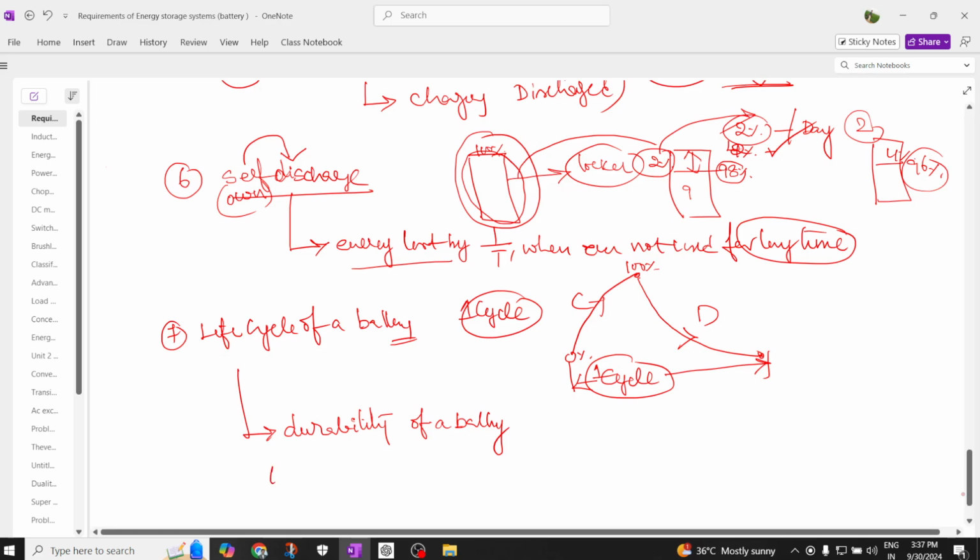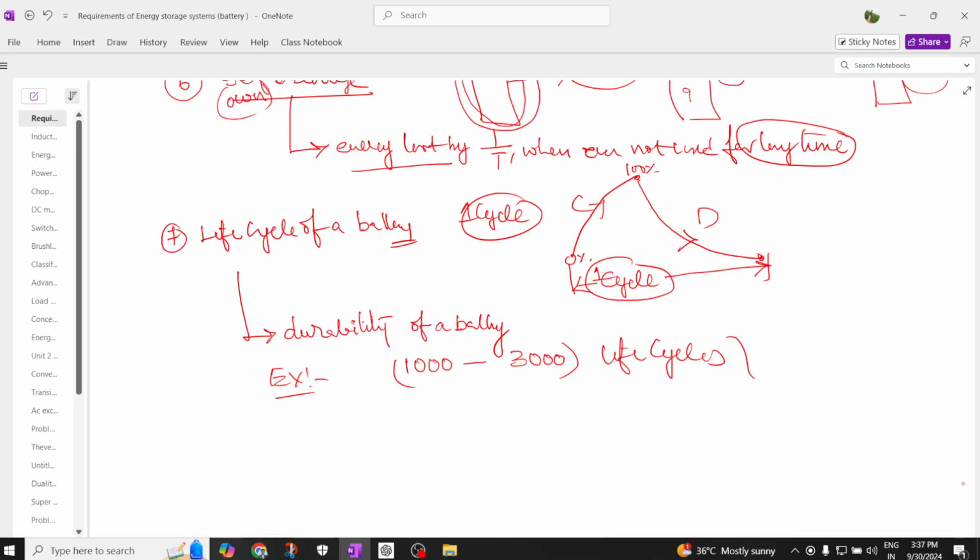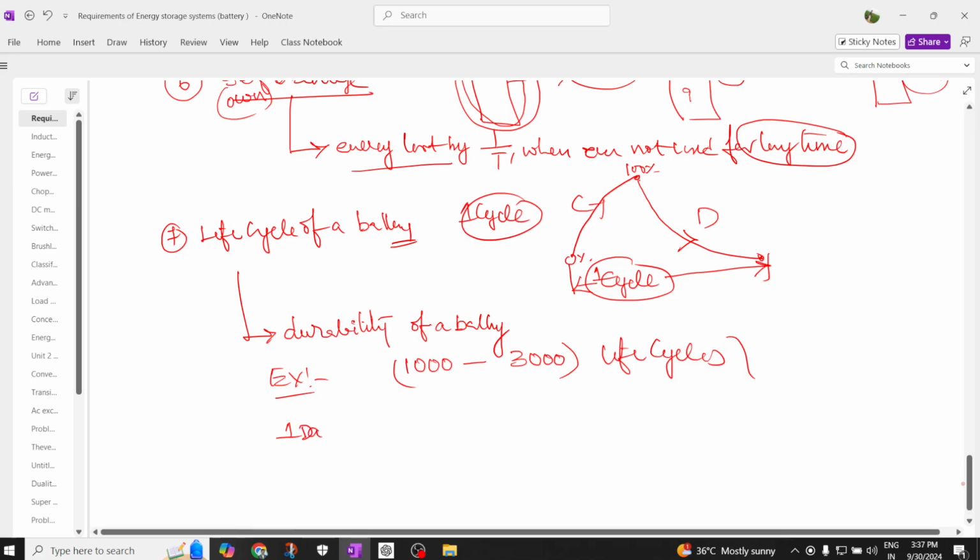Generally if you take an example, EV manufacturers define their life cycles as 1000 to 3000 life cycles. So how to understand these life cycles? Take an example: 1 day you are using your electric vehicle. Once you have charged, once you have discharged, one cycle has been completed.